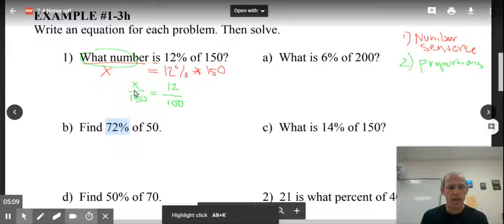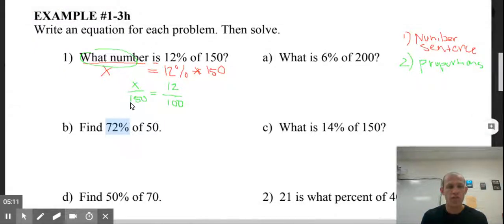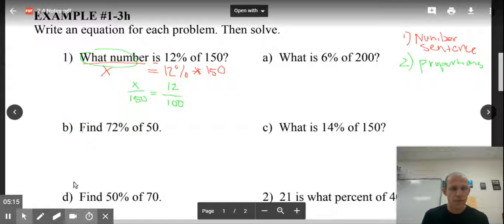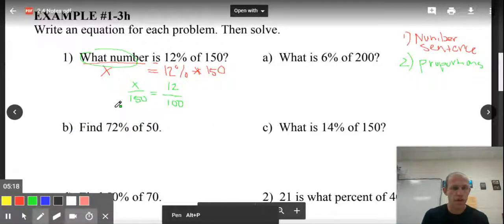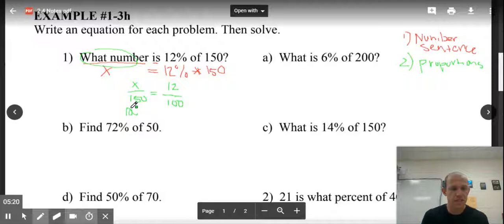We can take x times 100, 150 times 12. So let's do that. X times 100 is 100 x's. 12 times 150, well, I know that 100 times 12 would be 1,200.